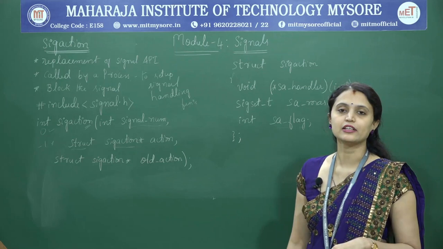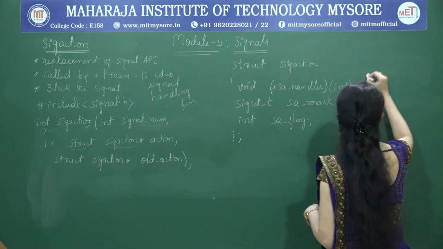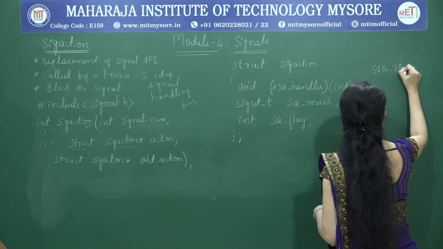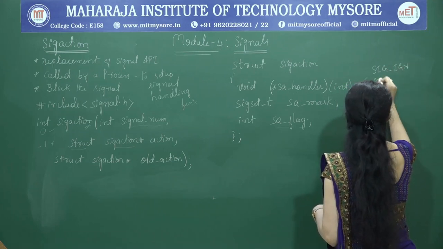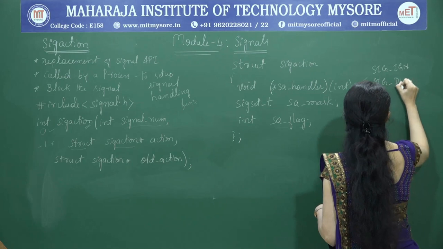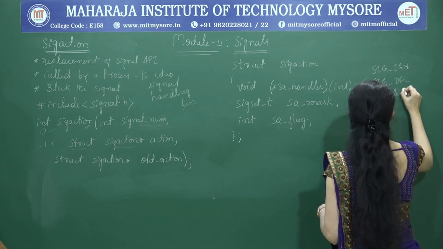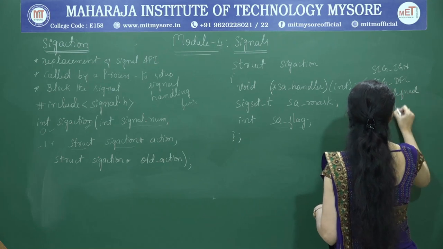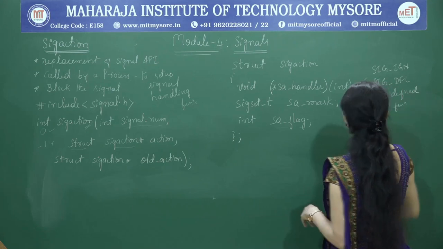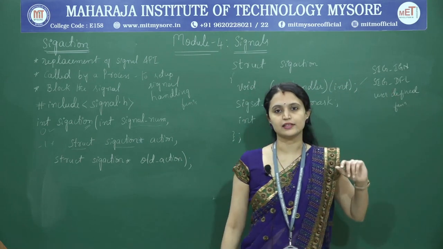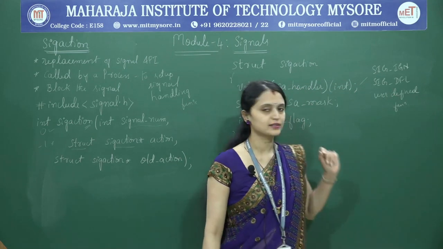So it can be set to values such as SIG_IGN, SIG_DFL, or any other user defined signal handling function. Okay. So we know what SIG_IGN and SIG_DFL are.